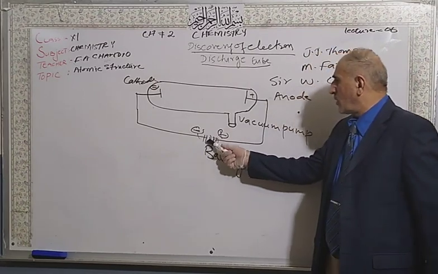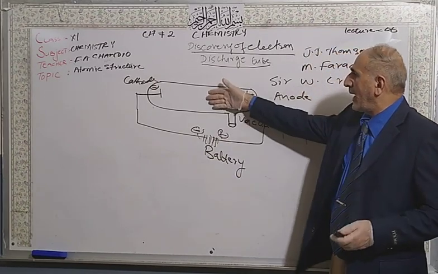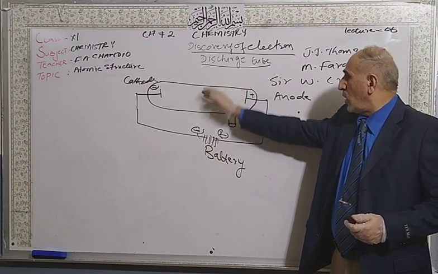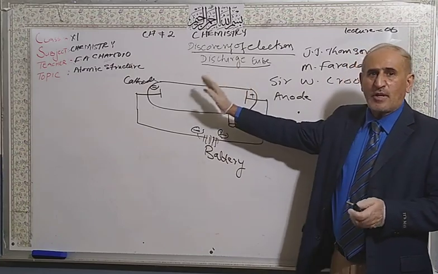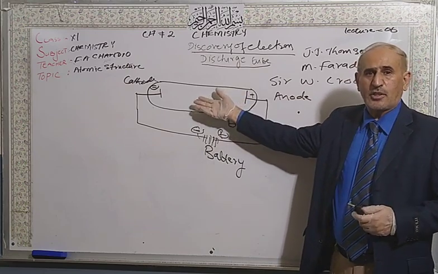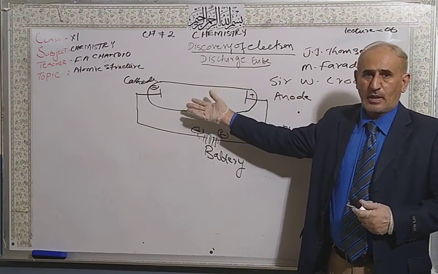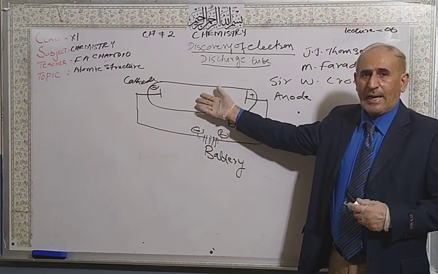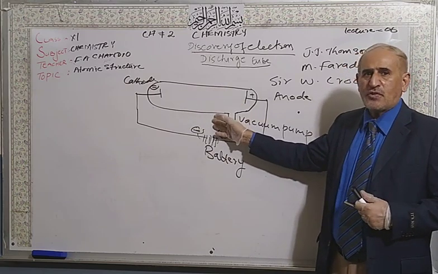So these 5,000 volts were applied with air inside, at normal pressure, 1 atmospheric pressure. When they passed the electric current, there was no result. Nothing happened. The current is not passed through the air at 1 atmospheric pressure.